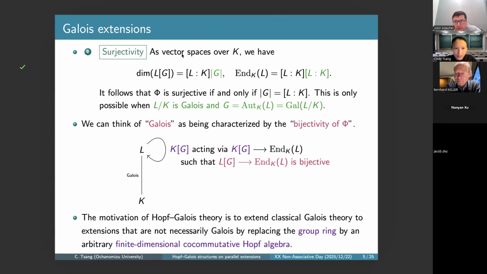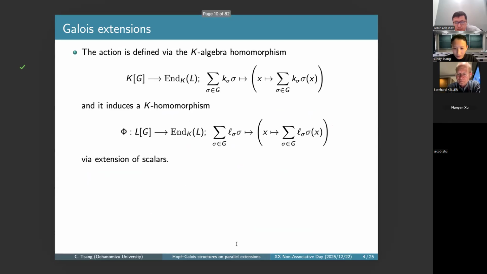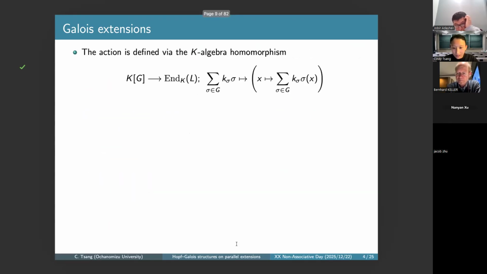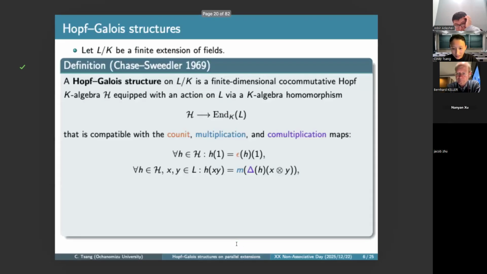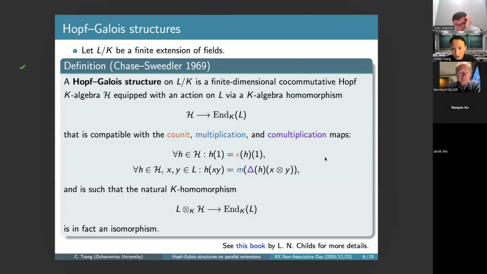I'm not an expert in Hopf Galois theory, but from the book, for example, Childs' book that I referred to, I think the co-commutative Hopf algebras are used; in the other papers, you don't see this. I'm not really sure. Okay, yeah, thank you.